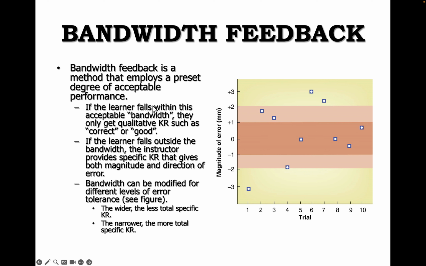What bandwidth feedback does is allow for a certain amount of acceptable performance. If the result of the learner's performance falls within the specific band, or bandwidth, they will only get qualitative knowledge of results, such as correct or good.